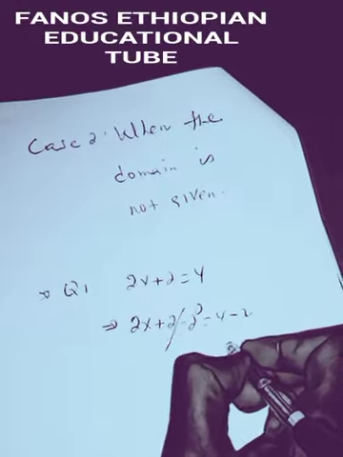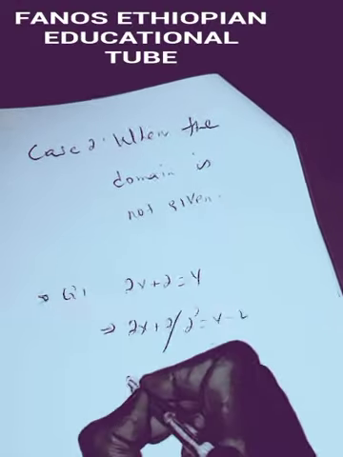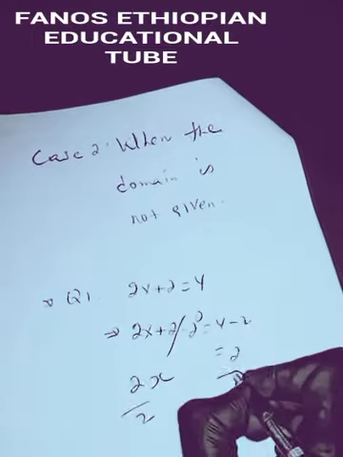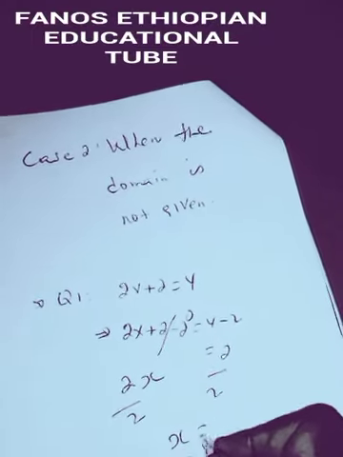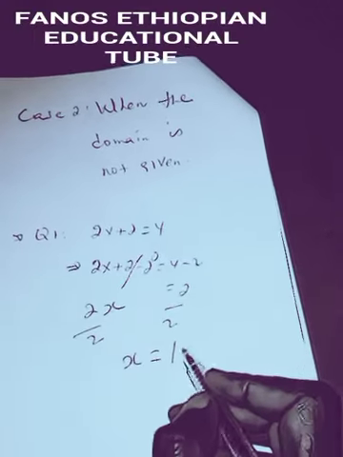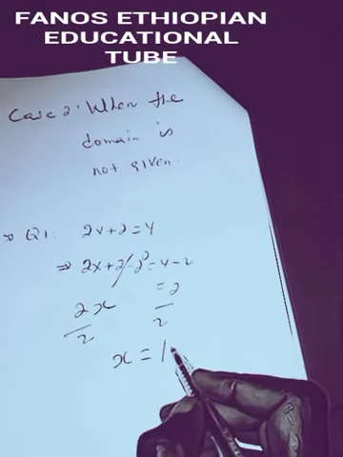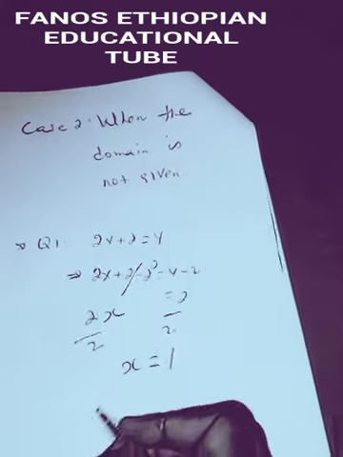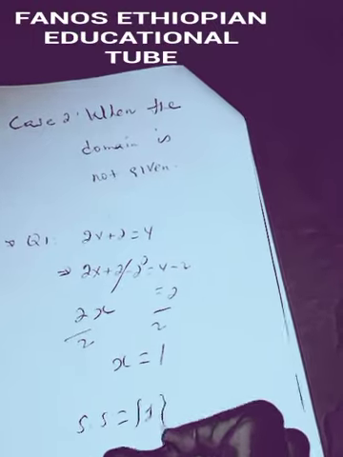This is 0, and this one is 2. 2x equals 2, dividing both sides of the equation by 2, x becomes 1. So now there is no need to check or search for a domain, because the domain is not given. So we simply put 1 in braces as the solution set.